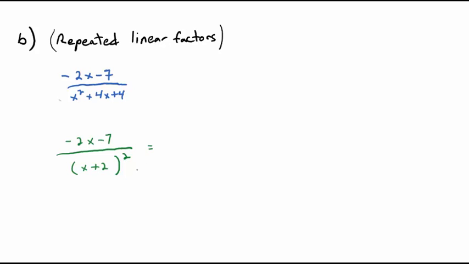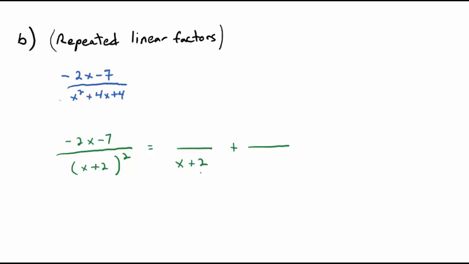Okay. Now again, the decomposition is what we're looking for. We want to decompose this so that it's the sum of rational expressions. But here's something that's a little bit weird. You haven't seen this before necessarily. It's completely possible that when you decompose this, you'll get a denominator of x plus 2 to the first power.